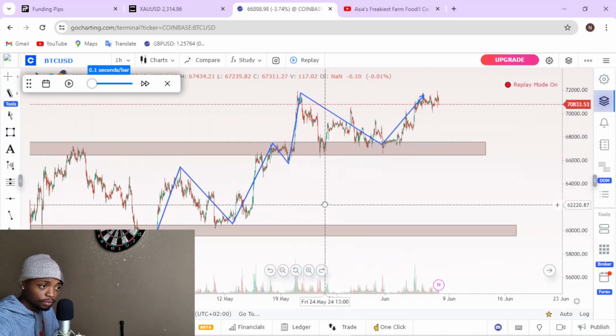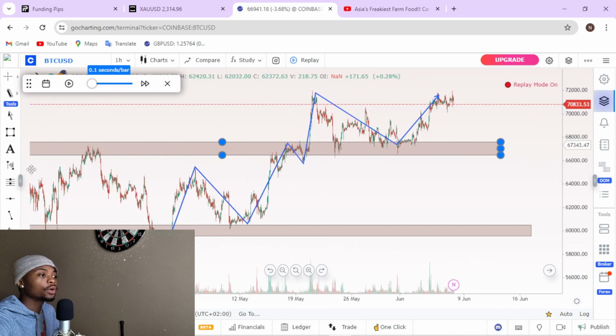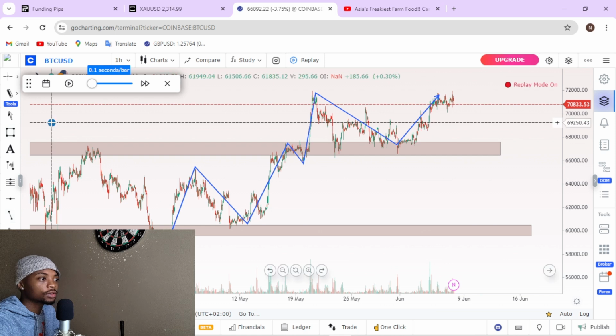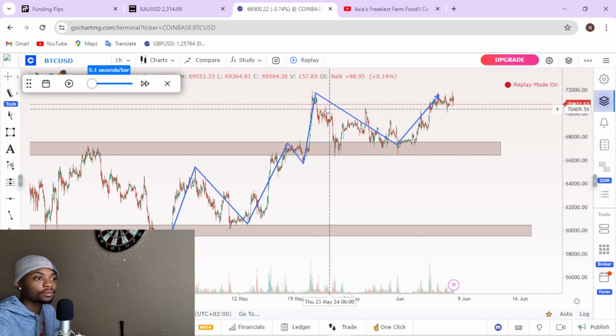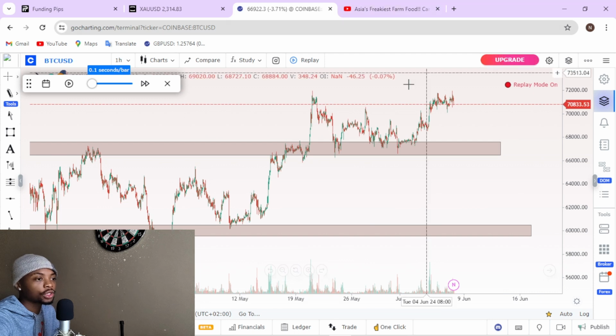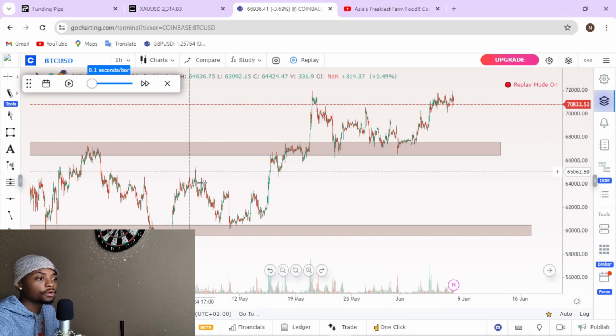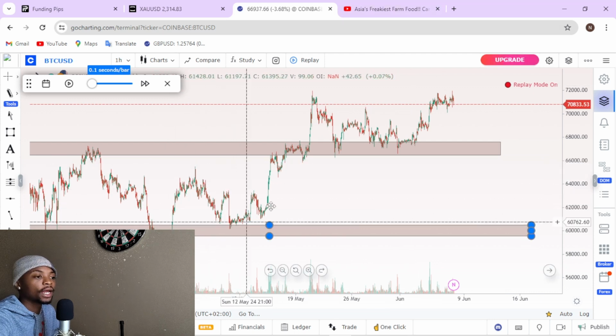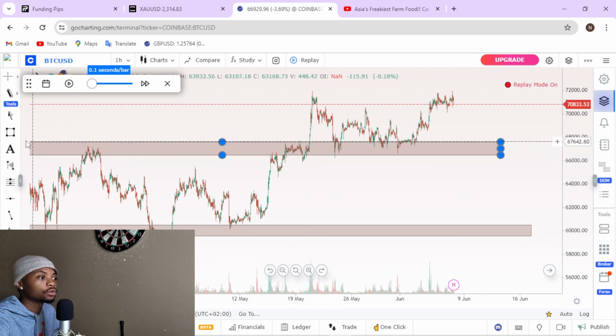So thirdly, wait, let me just actually remove this. Because now we already know we have an uptrend, right? Because we were forming higher highs and higher lows, right? So we already know we have an uptrend.